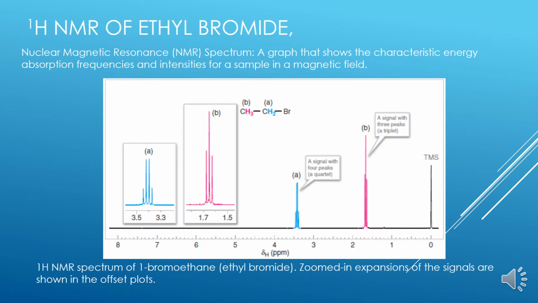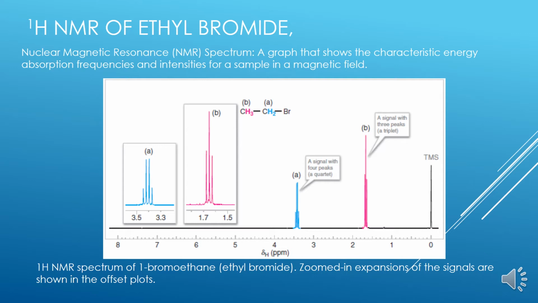Now let us discuss the NMR spectra of the ethyl bromide molecule. This molecule is prescribed for your syllabus also. The molecular formula of ethyl bromide is CH3CH2Br.